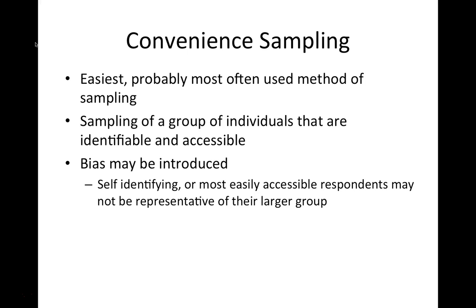But obviously, this sampling technique can introduce bias. Self-identifying or most easily accessible respondents may not be representative of their larger group. They are likely not even representative of all college students necessarily. They may be slightly more representative of all four-year college students, but there are all sorts of four-year colleges, and different colleges are more or less likely to have faculty members who are actively conducting research.